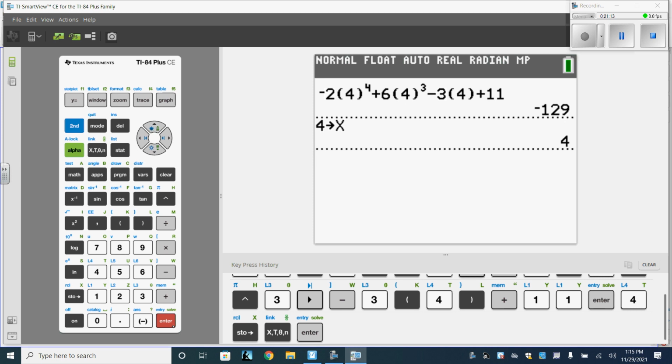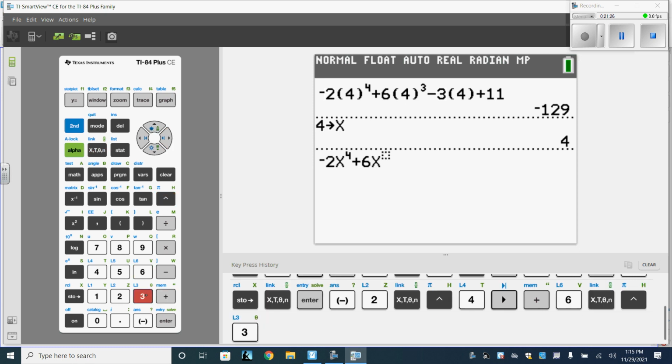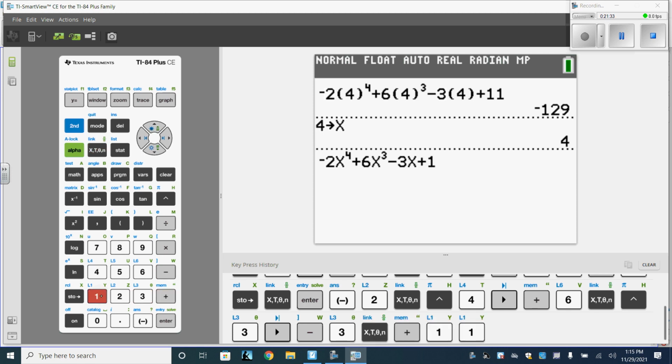It just affects it when we type it in the home menu. So what I could do now is say negative 2 x to the 4th plus 6 x to the 3rd minus 3 x plus 11 and hit enter. And it'll give me the exact same thing because it understands that X is 4.